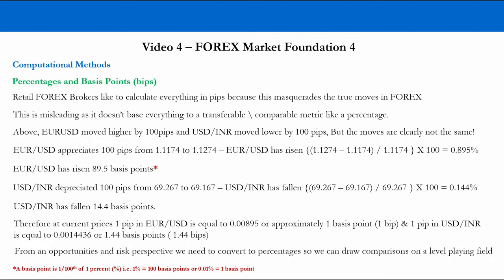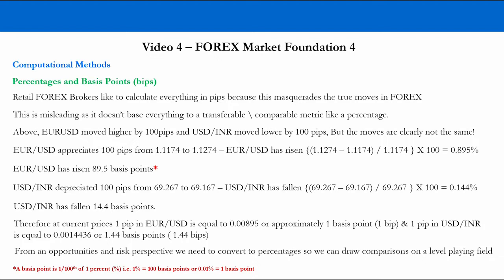So you can see that if you put the same amount of capital into both trades, let's say $100,000 on euro dollar and $100,000 on dollar Indian rupee, and you got a 100 pip move in euro dollar relative to dollar Indian rupee, you're actually going to make a much higher basis point return, so percentage return.